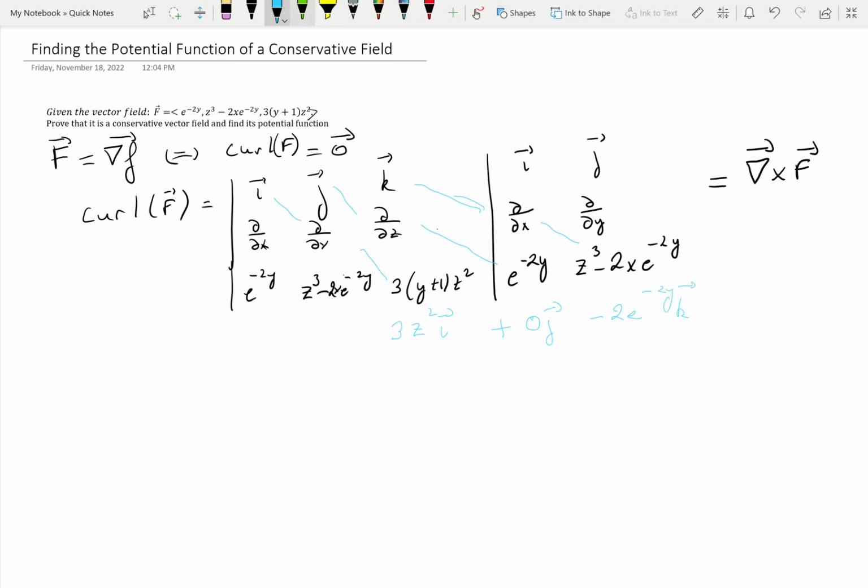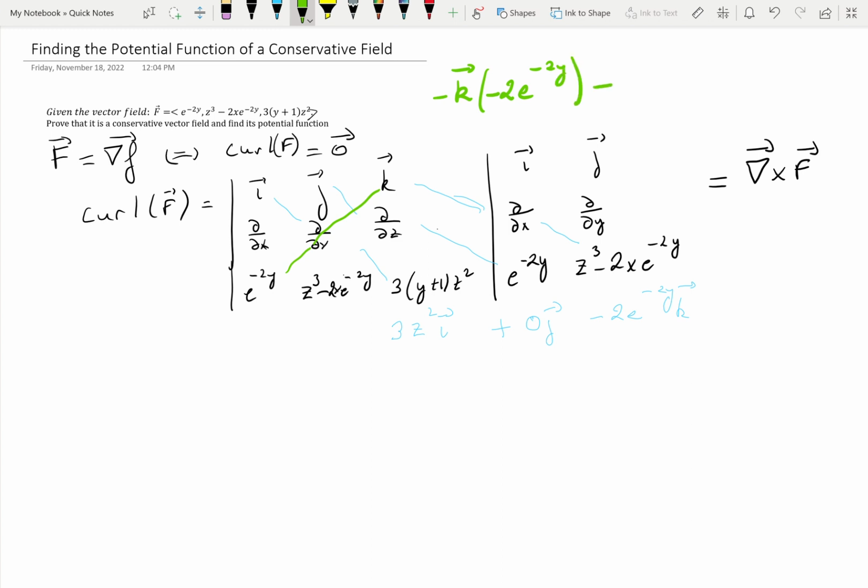And then we're going to look at the anti-diagonals. So it's going to be k, so it's minus k. Remember, we negate the anti-diagonal. The partial with respect to y of e to the minus 2y, that's a fairly straightforward chain rule. That's going to be negative 2 e to the negative 2y.